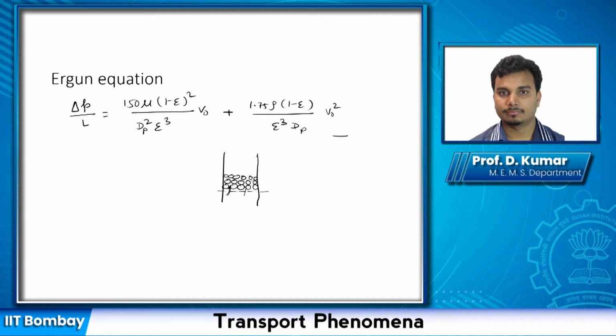Somewhere you have more openings, so the velocity may be smaller, and at some places you have smaller openings, so the velocity could be larger. There is so much variation that your flow could be laminar at one place and turbulent at another. If you go into detail, these things will happen. From an empirical point of view, this equation works nicely, and it has many applications wherever you have flow through packed bed in engineering.